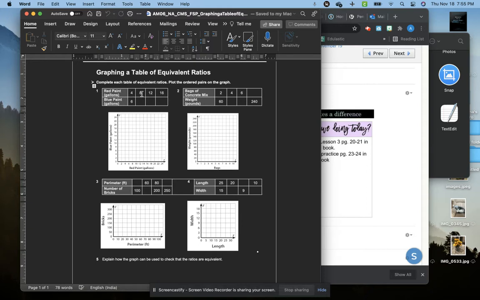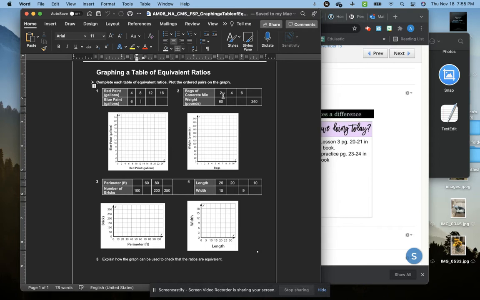You can multiply or divide. So 4 times 2 and then 6 times 2, they have to be the same amount. Or you can divide, 80 divided by what is 60, and so on. The unit rate also works. Once you get all of these 4 filled out, all you have to do is put the dots on the graph to make that line.